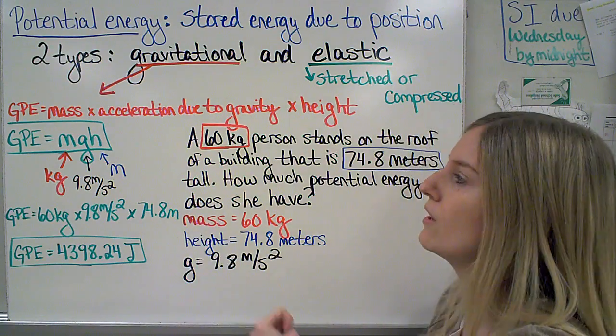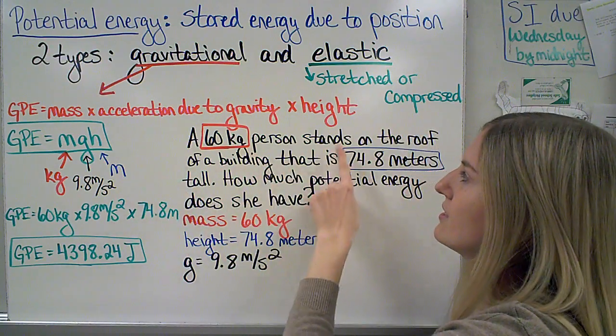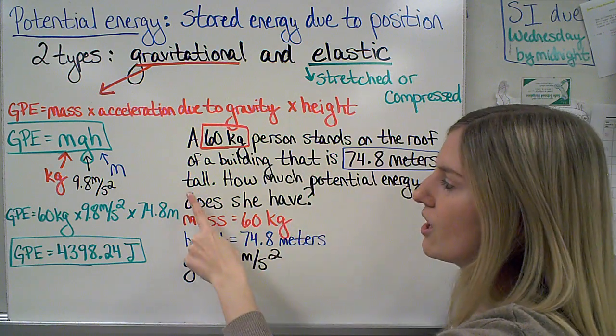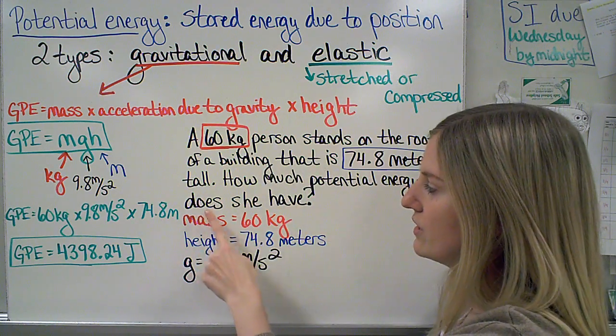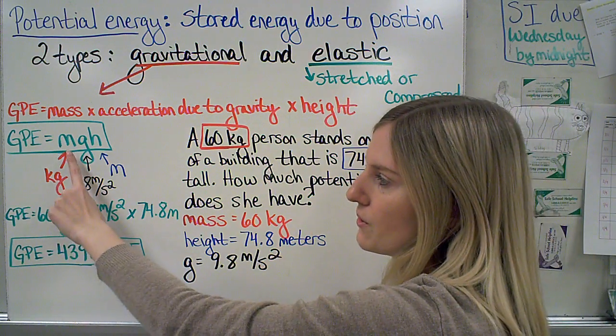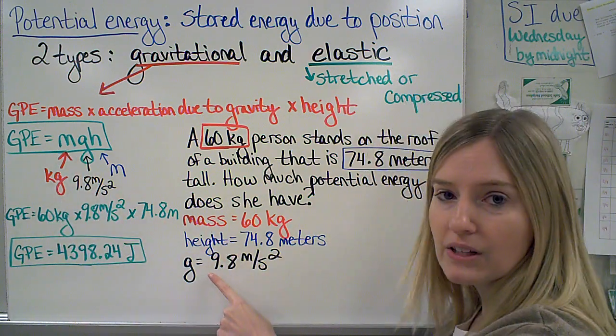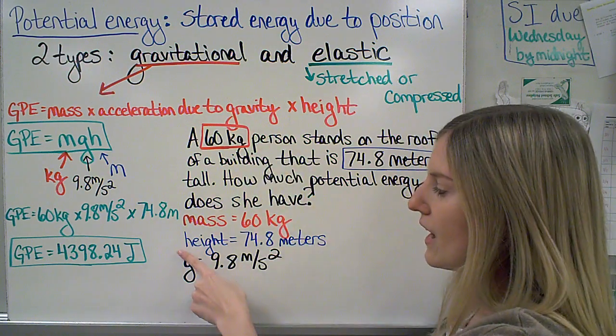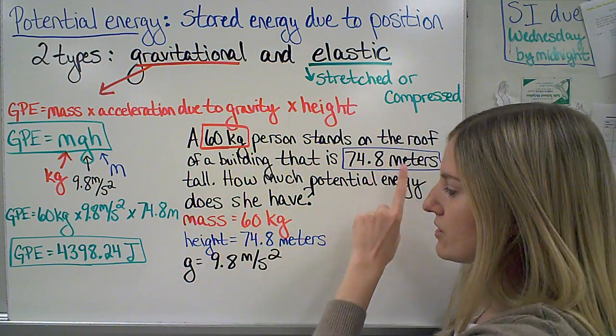Let's do an example. A 60-kilogram person stands on the roof of a building that is 74.8 meters tall. How much potential energy does she have? Use the equation. Identify those 3 things that we need. We need the mass, 60 kilograms. The height, 74.8 meters.